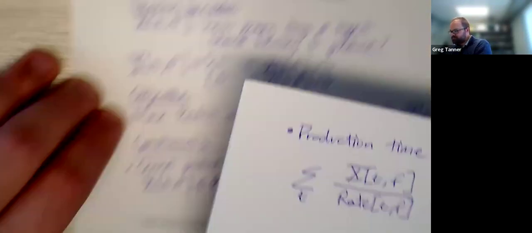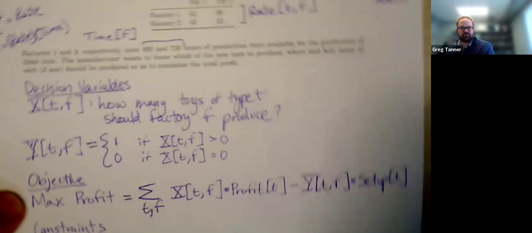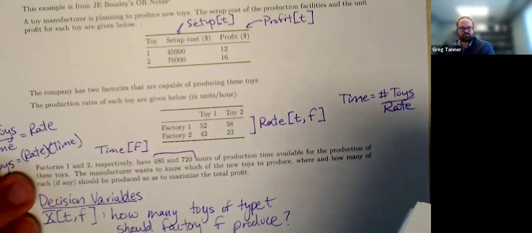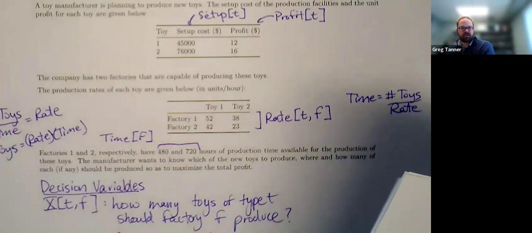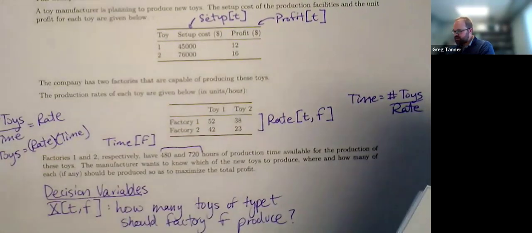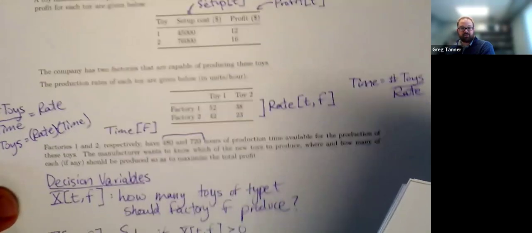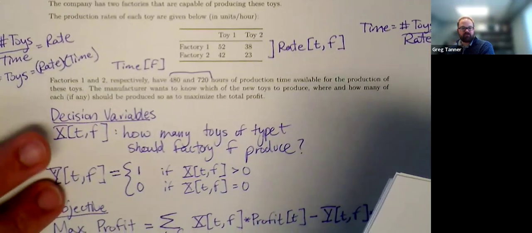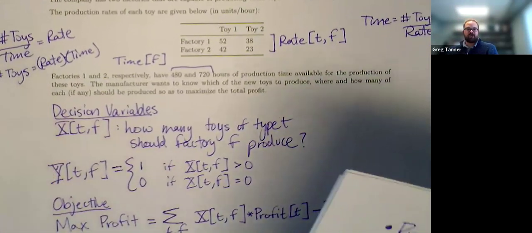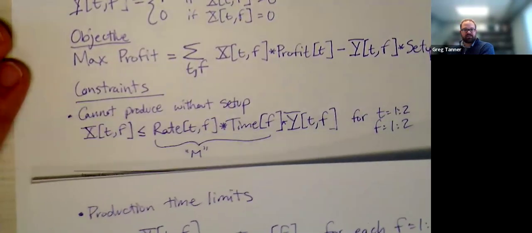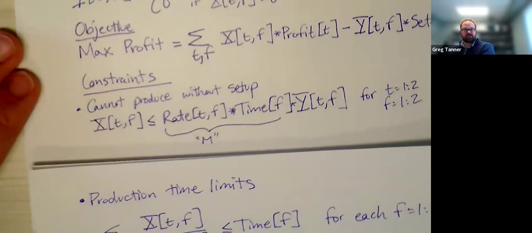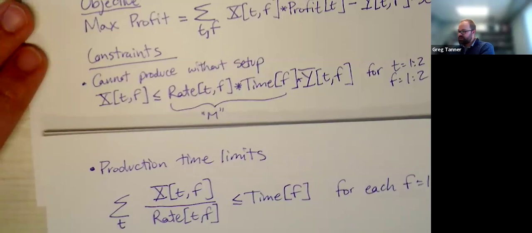Looking back here at the given information, I've got the production rates, and I've got the costs, and then I've got this idea of setup costs, which forced me to have the pairs of decision variables, one continuous and one binary. So that is the setup and constraints for this toy problem.